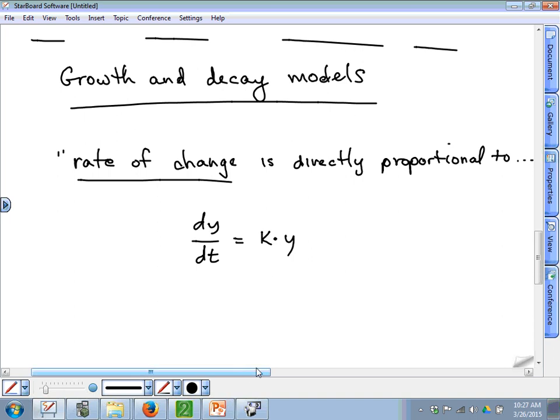K is just called the constant of proportionality. What would indirectly proportional have looked like? It would be k over y. You guys need to remember this. Directly proportional is multiplying. Indirect is dividing, and the constant of proportionality is just k.